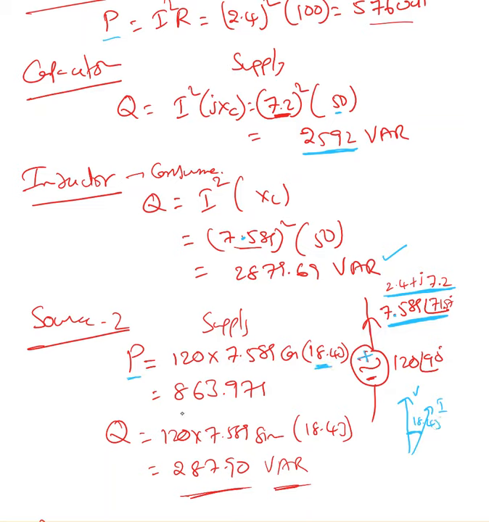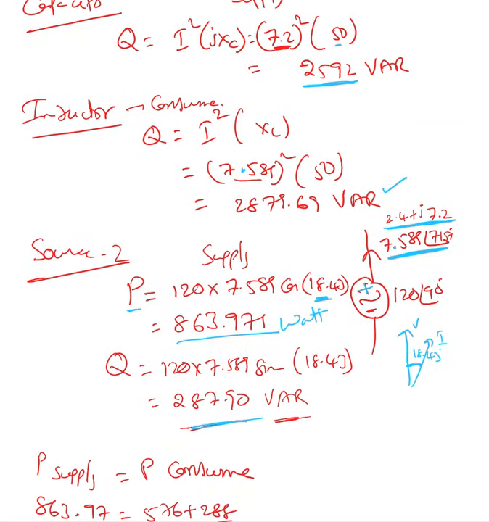So it is supplying 863.97 watts. And Q equals 120 times 7.589 times sine 18.43. It is 287.90 var, and that is also supplying.